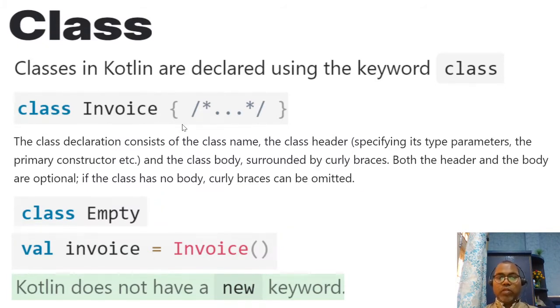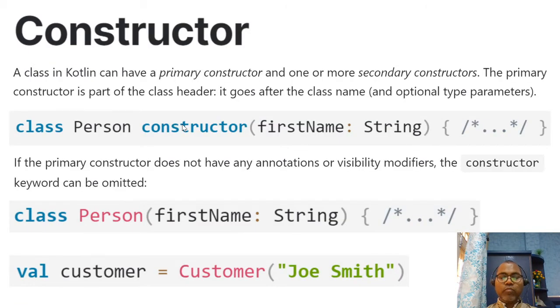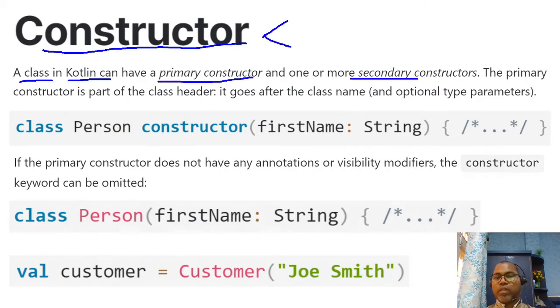Okay, so let's move to the part about constructors. While creating the object, we have two concepts of constructor. A constructor is a place where you can give the initial values of your properties. As I already discussed, a class in Kotlin has two kinds of constructor: the primary constructor and the secondary constructor.